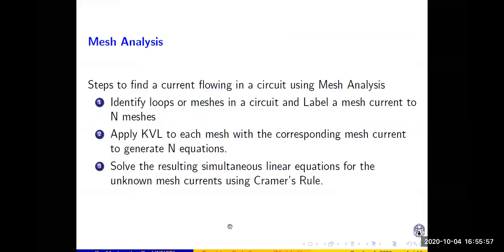So next one is mesh analysis. We will go for the next topic.